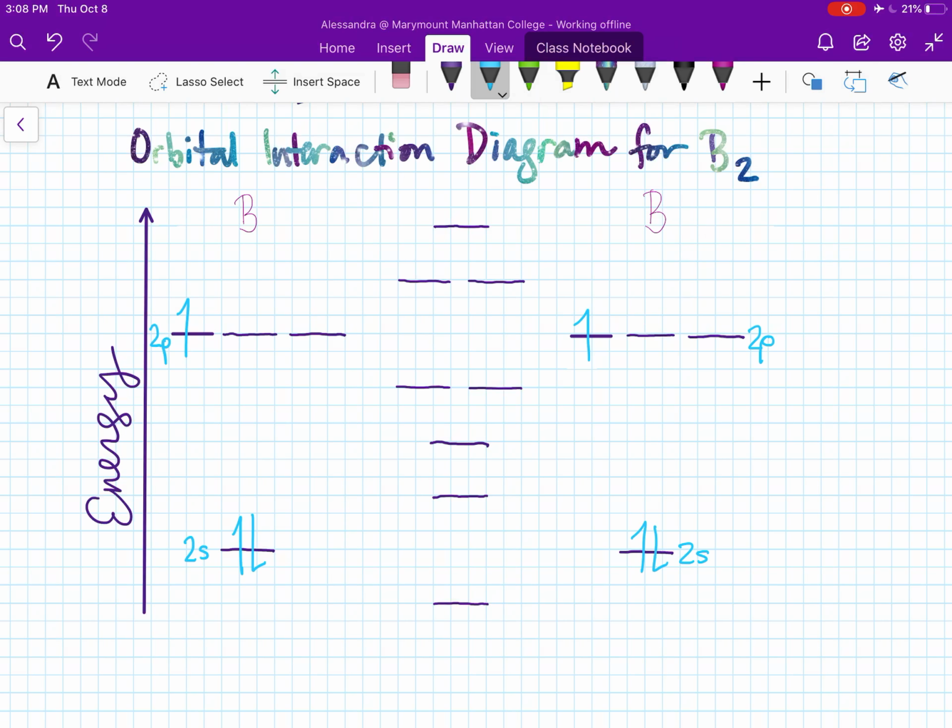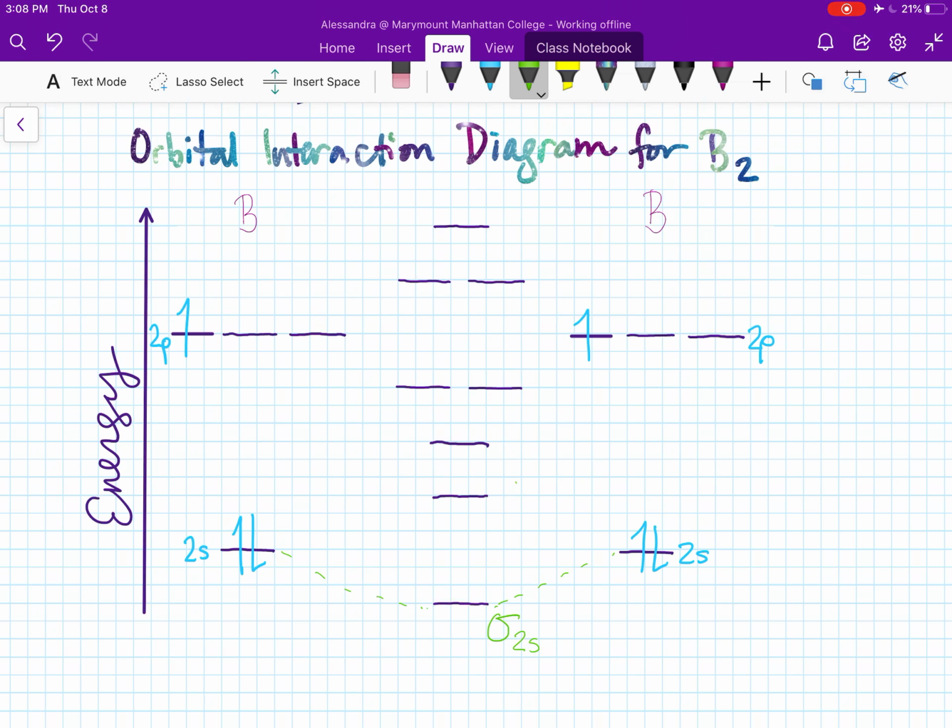Now, what happens when those atomic orbitals overlap? Well, we saw that the 2s orbitals overlap constructively to produce what we called the sigma 2s orbital. This is a bonding molecular orbital that is lower in energy than the atomic orbitals that give rise to it.